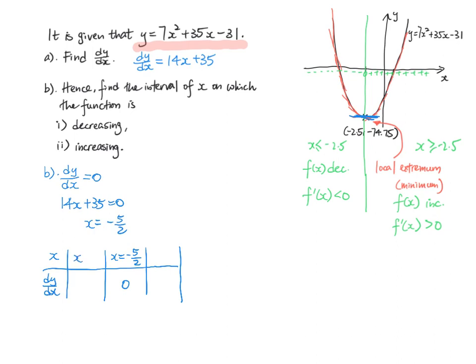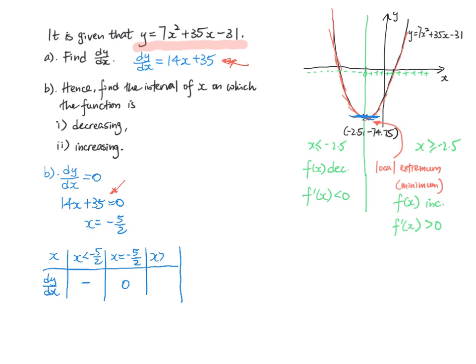And for x less than this, okay, if you just put a random number in this interval, say negative 1000, you plug this into your derivative. Okay, if I sub x equals negative 1000, okay, the derivative is obviously negative, right?